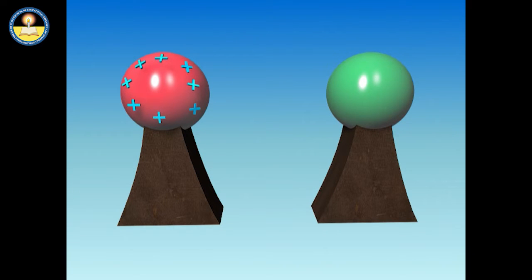Let's take 2 charged spheres with different potentials on them. When they are connected by a conducting rod, the charge flows from the sphere of higher potential to the one with a lower potential.